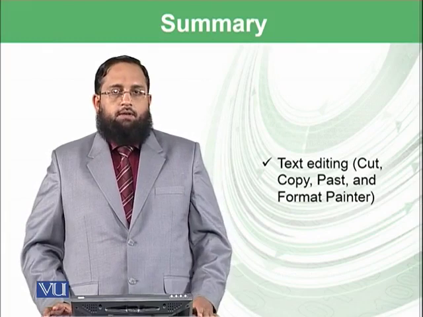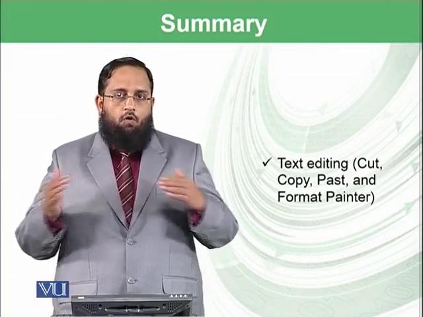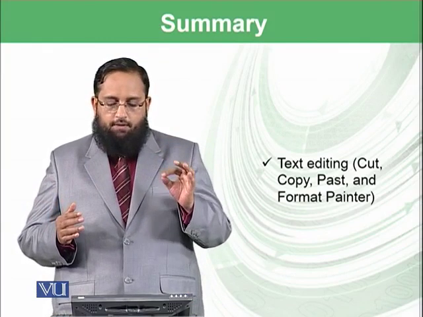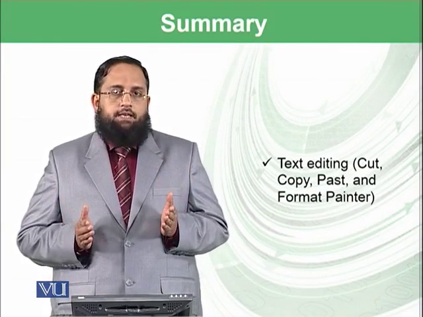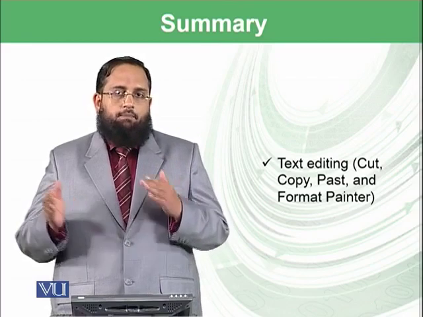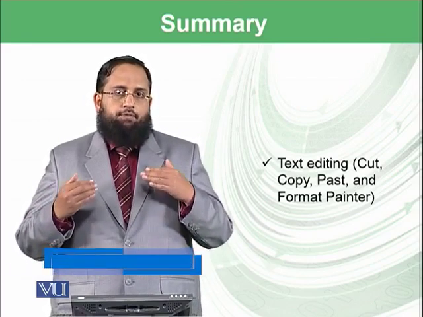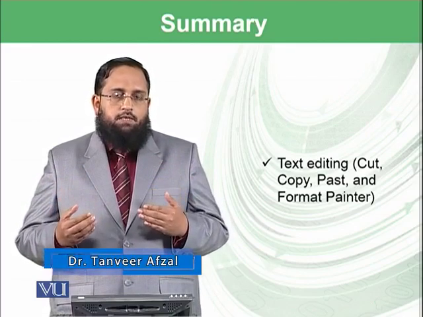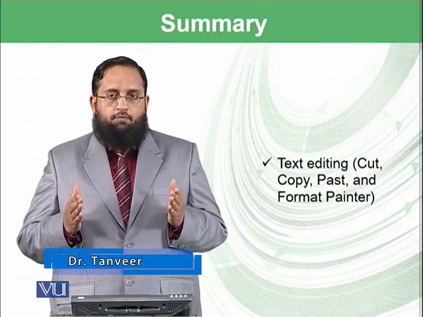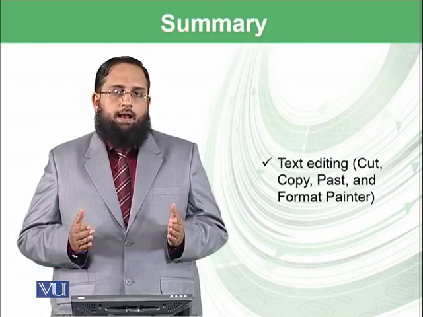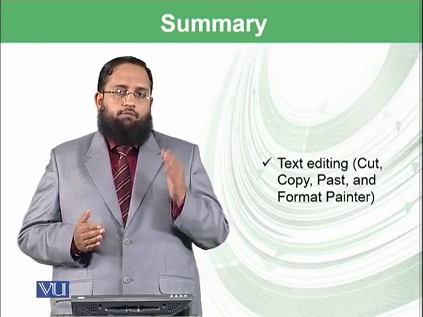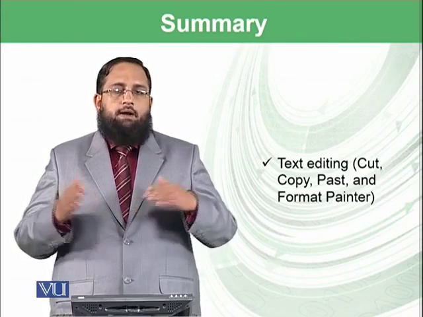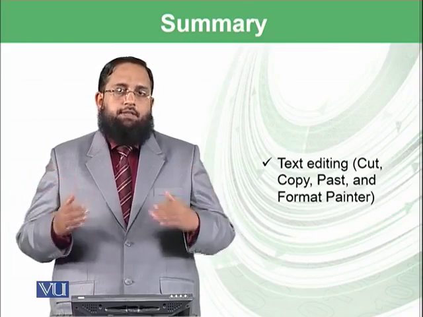We have explored further the home ribbon, and more specifically the clipboard group, and we have seen how you can perform cut, copy and paste with different keys and with the mouse, how you can use the format painter once, and how you can use the format painter on multiple different areas within your document.